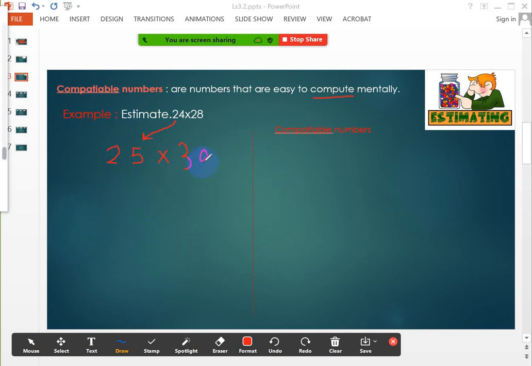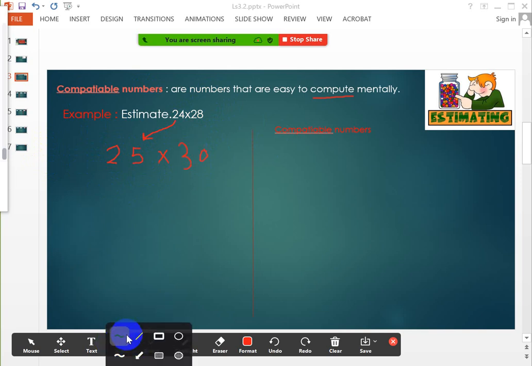Mostly the ones digit becomes 0 or 5, so I look at the ones digit and see if it's close to 0 or 5. 24 is close to 20 or 25. It's close to 25, right? And 28 is close to 25 or 30. It's between 25 and 30.